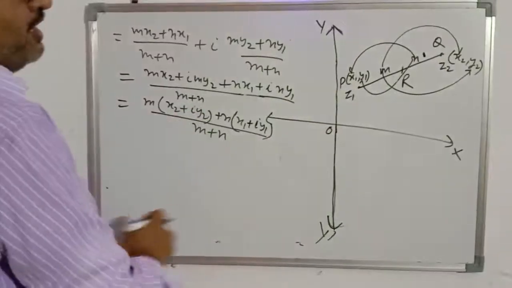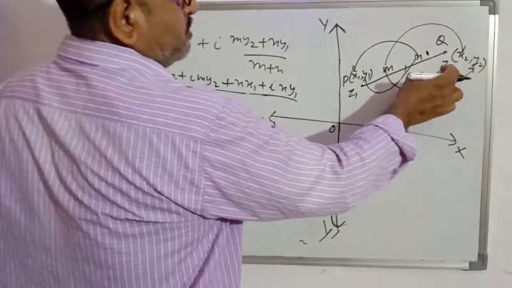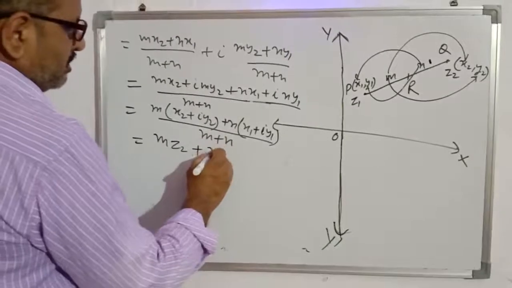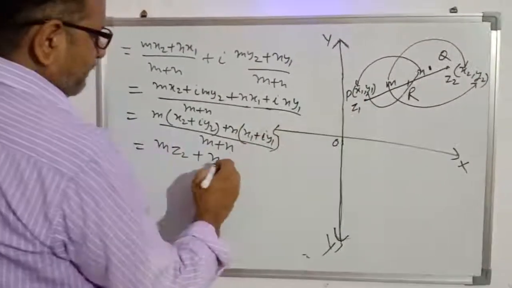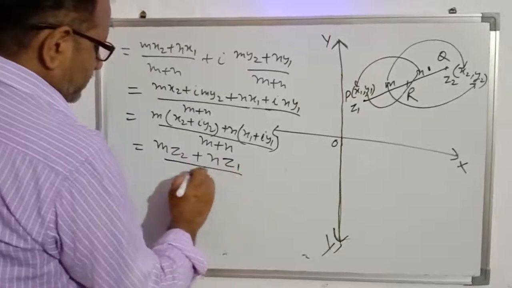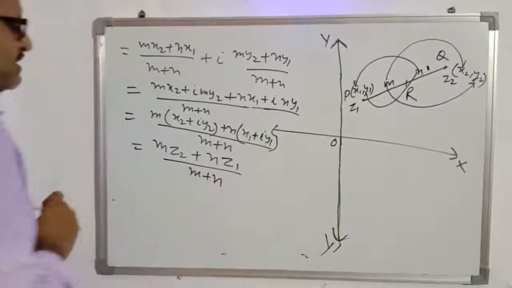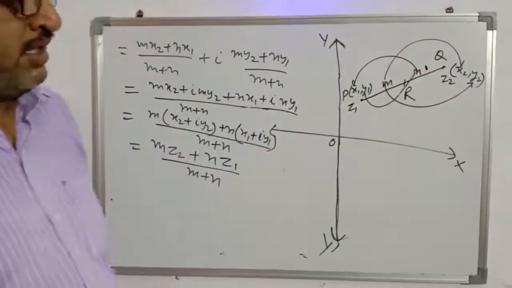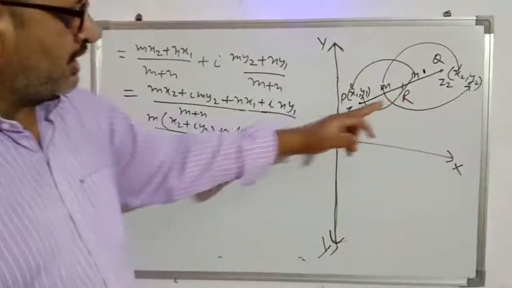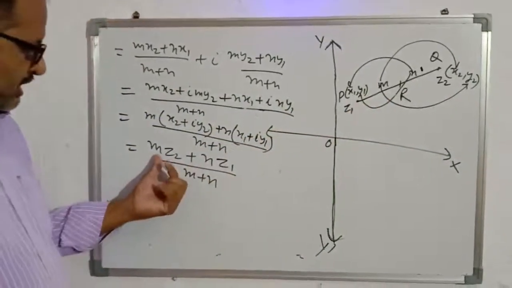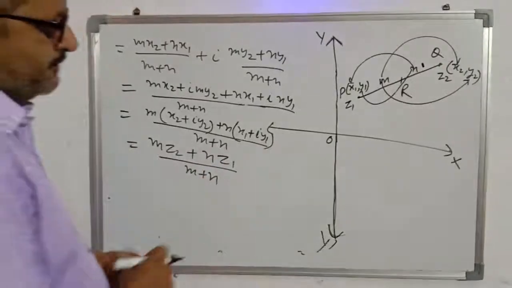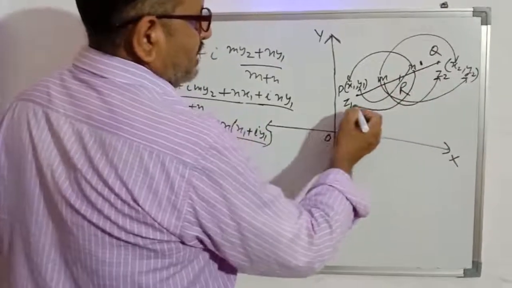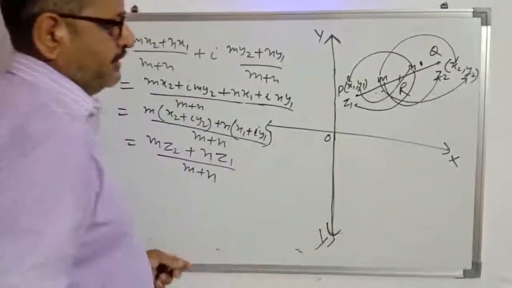What is x2 plus i y2? It is z2. And x1 plus i y1 is z1. So we get (m z2 plus n z1) upon (m plus n). This complex number represents the point R, with ratio m to n.